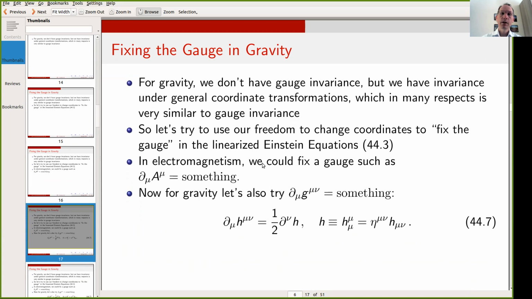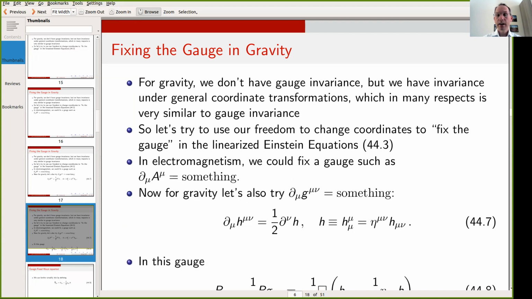Since we are still in the weak field limit, the metric field is a constant plus h. The constant vanishes under derivation. So this condition becomes ∂_μ h^μν equals something, and the something we choose is, for instance, 1/2 ∂^ν h, where h is just the trace of the field fluctuation given here.